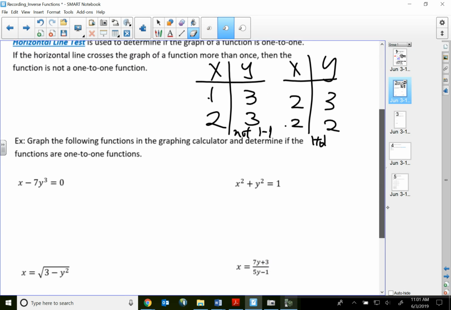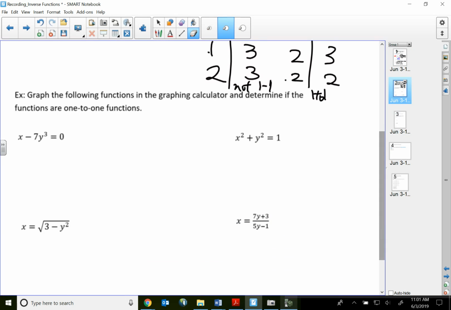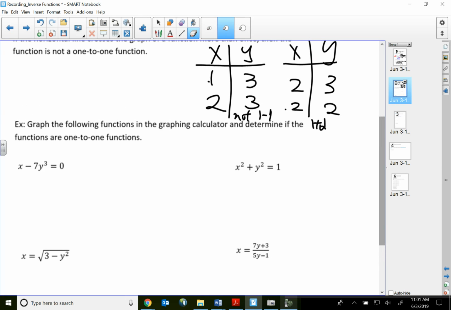Let's check it out. Let's draw these pictures and see if they pass the horizontal line test. If they do, that means they are one-to-one functions. Let's solve for y real quick before we punch it in the calculator. I'm going to move my negative 7y cubed over, so that will give me x equal to 7y cubed.